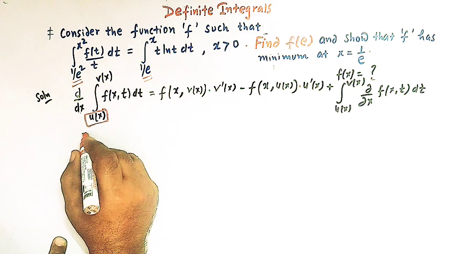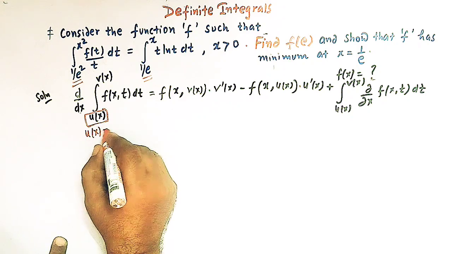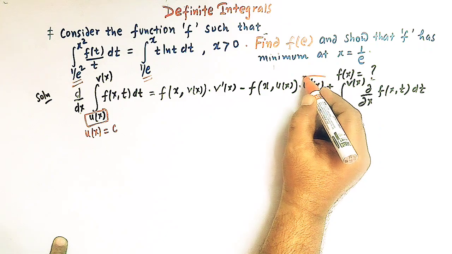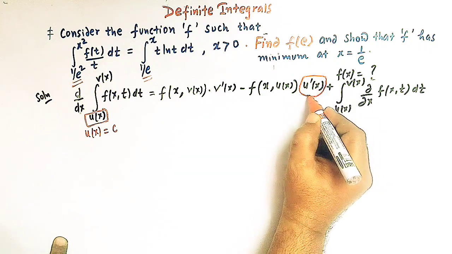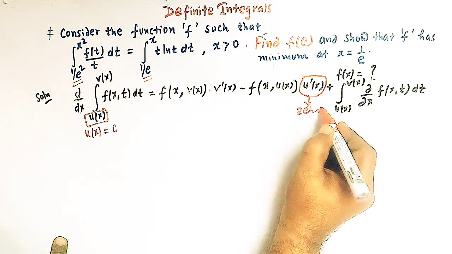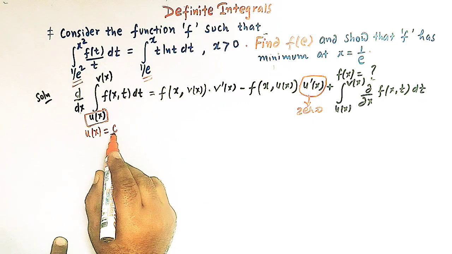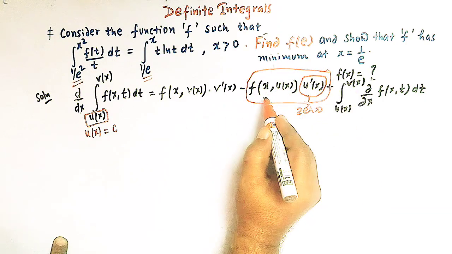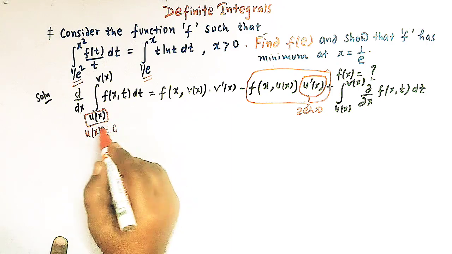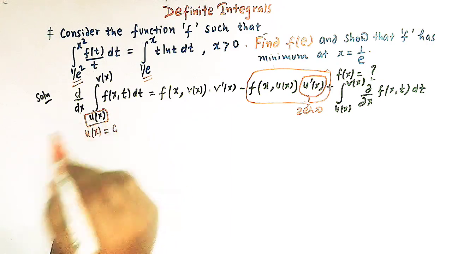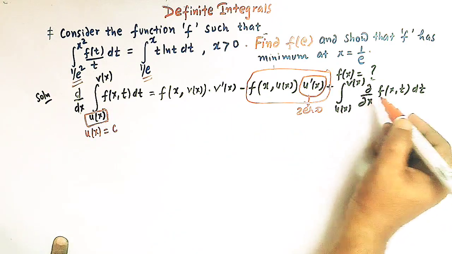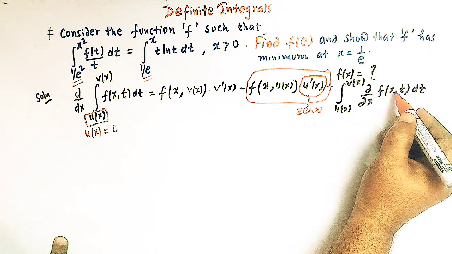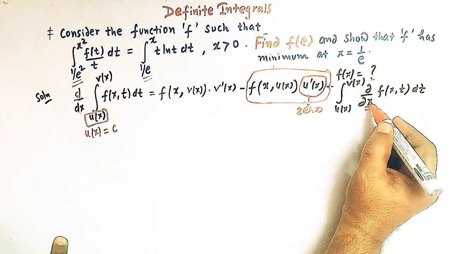So when u of x is a constant, say c, then we can see that this term is going to be 0, right? Because the derivative of a constant is 0. So this entire term is 0 when the lower limit is a constant. And moreover, here we have the partial derivative of f of x comma t with respect to x.